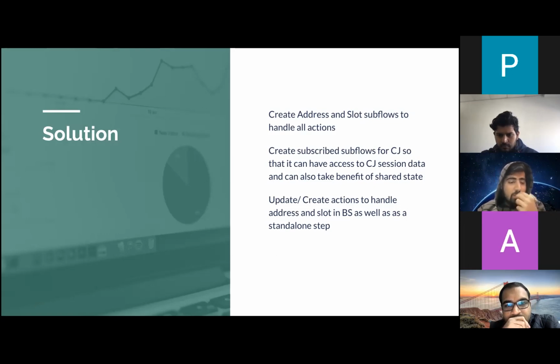Like I told, address and slot pages were opened in bottom sheets as standard pages. So now we'll convert them into group pages and reuse these subflows in them. So basically slot and address now will be powered through two different group pages, one in the checkout and one as part of the individual step journey. But their actions will remain the same at the subflow level.